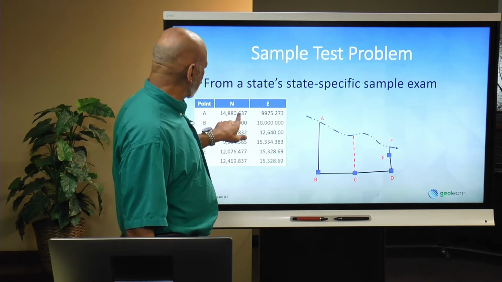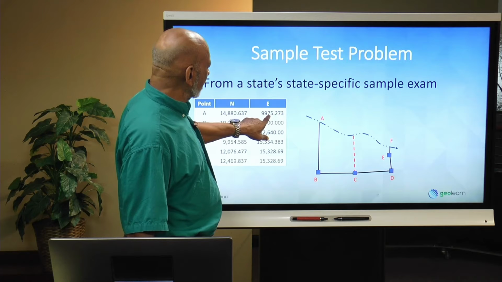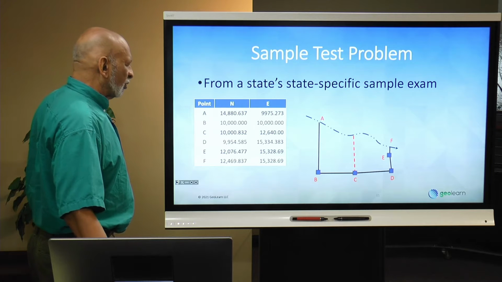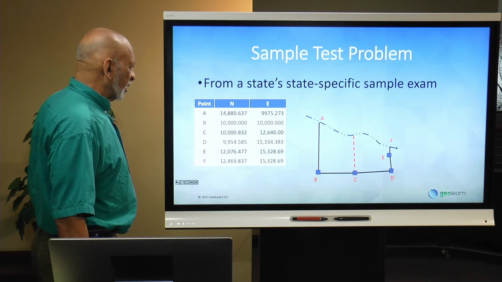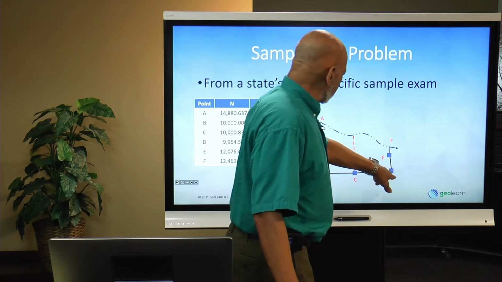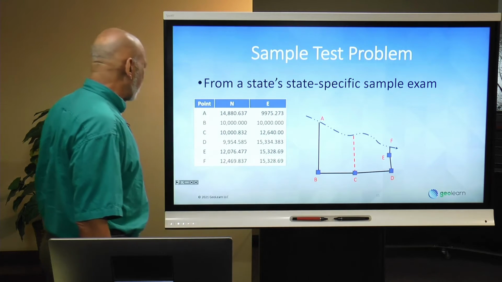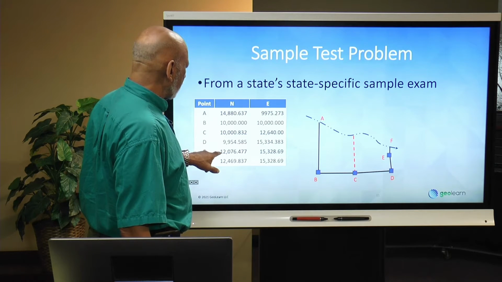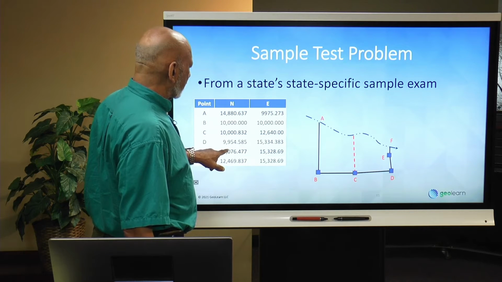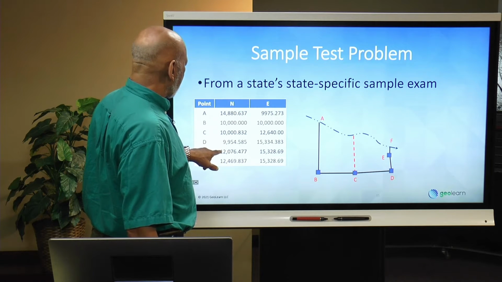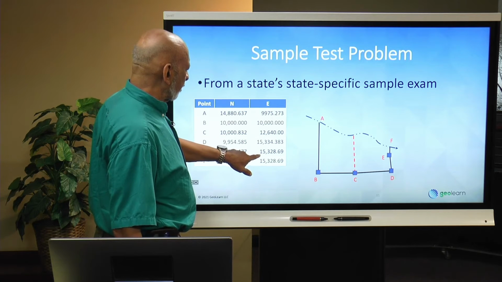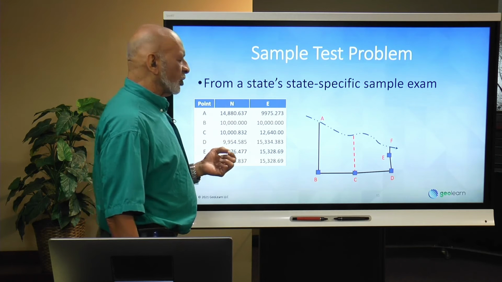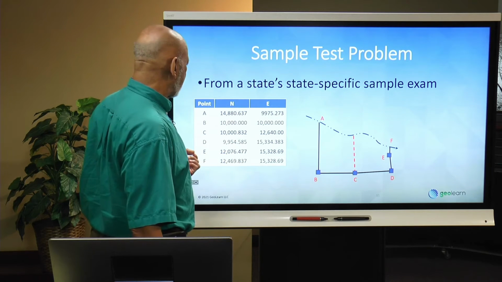Obviously I've gone north, and as you can see, it's going westwardly. The easting is slightly smaller than 10,000, so that must be a northwesterly bearing, and if you go back and look at the original data, you will see that. Then I had this manufactured bearing and distance for BC and CD to get to point D. And so I have the coordinates of point D, and then the important ones are the bearing and distance to get to E. And again, I'm going north, and if you look here, 15,334 versus 15,328, we drop slightly, so D to E is to the northwest.